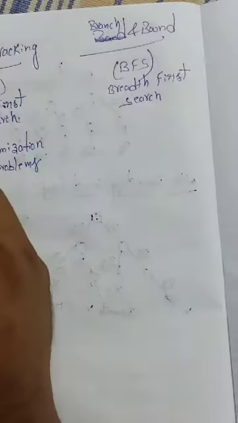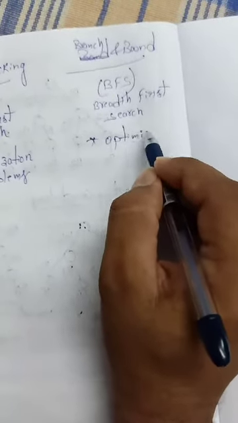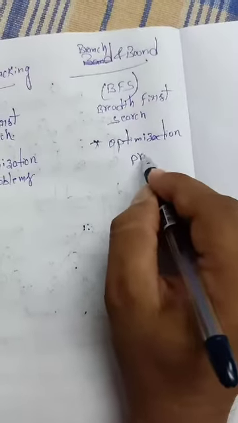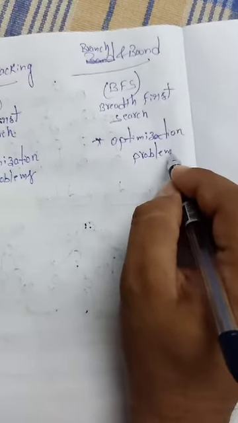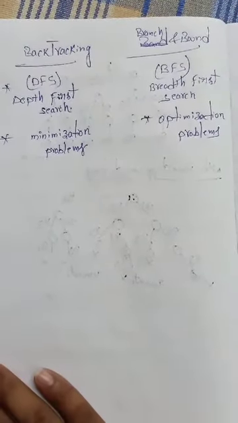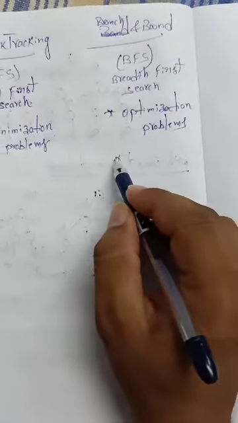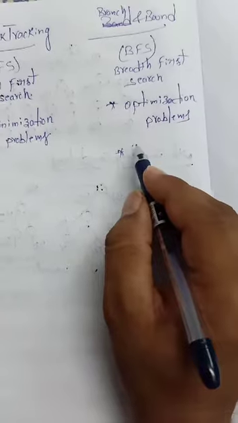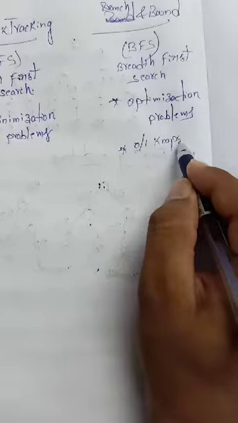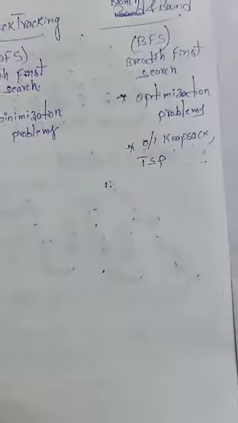But in branch and bound, we are solving optimization problems, like the 0/1 knapsack problem and the traveling salesperson problem.